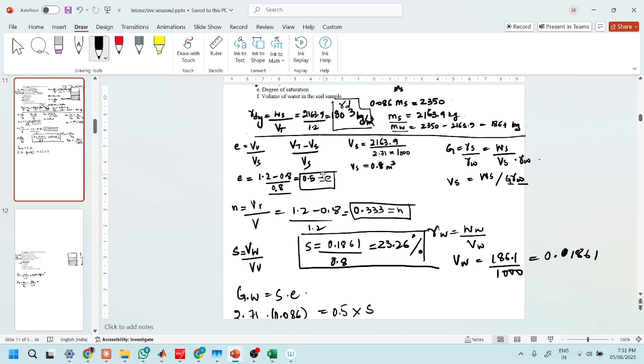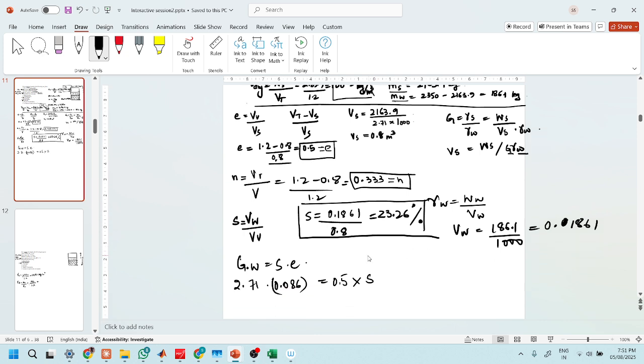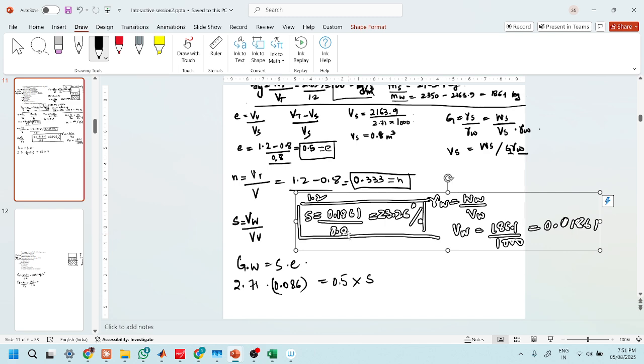Let's compare now. Volume of solids. But it's VV, you have taken 0.8 now. Total volume minus volume of solids. Okay, you have taken 0.2 there.